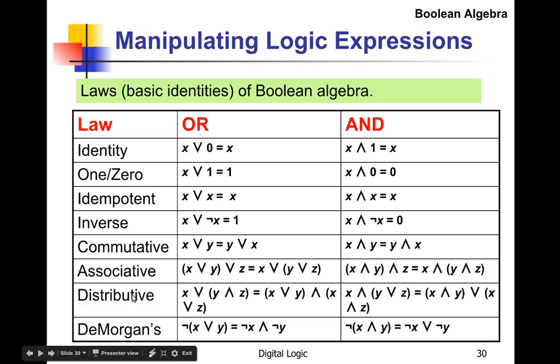The distributive property is kind of like if you do an OR on the AND of 2 things, that's the same thing as the AND of the first OR the second, x AND y, or x AND z. It's kind of like multiplication and addition have that kind of property. And then there's De Morgan's law, which we just looked at previously.